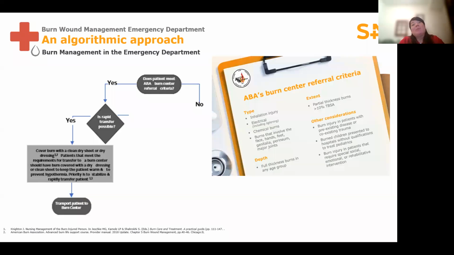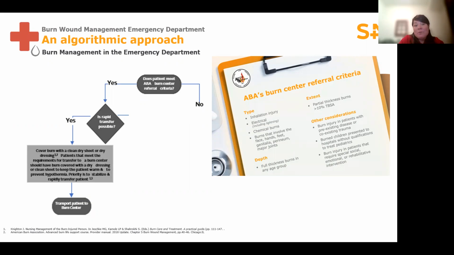I have been in situations in the emergency department where deciding what to put on a burn injury of a patient that's getting transferred rapidly out of that emergency department has been quite stressful for emergency department staff. And really, it's all about stabilizing that patient, keeping them warm, as Dr. Logzetti said, and just covering with a clean, dry sheet or dressing.